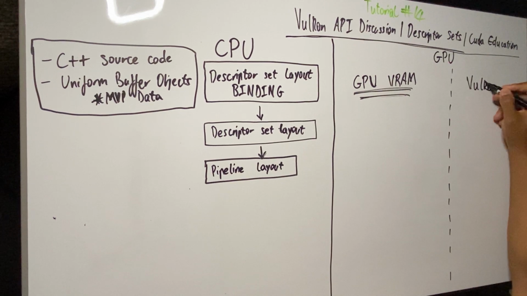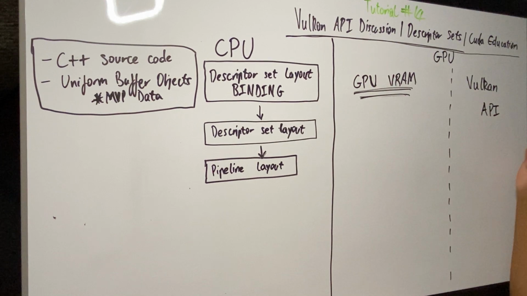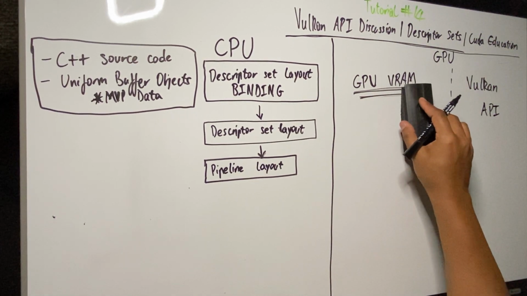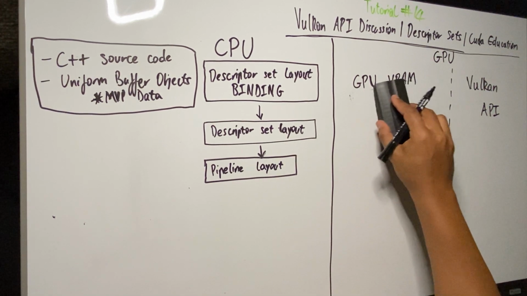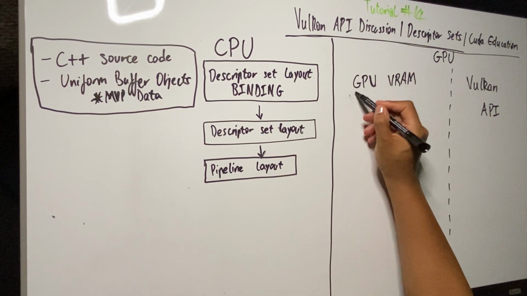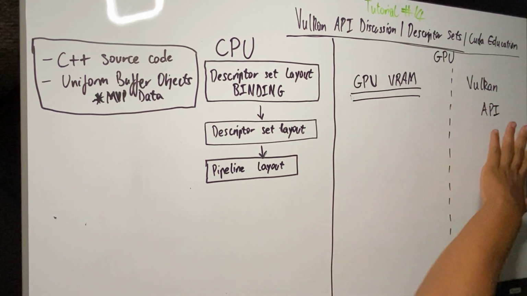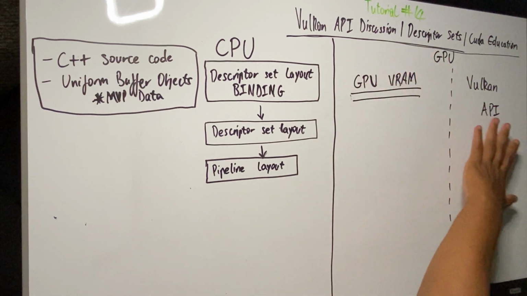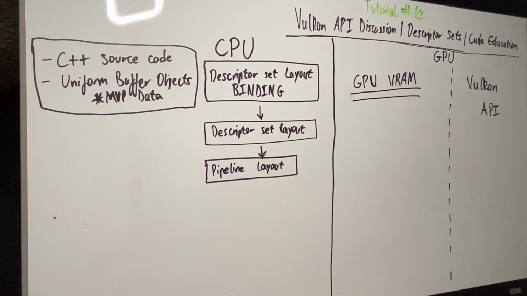Vulkan API, and then here we have our GPU VRAM. The Vulkan API only sees stuff that's pointing to or is on this side. GPU VRAM is basically video memory. We're just going to pause there.